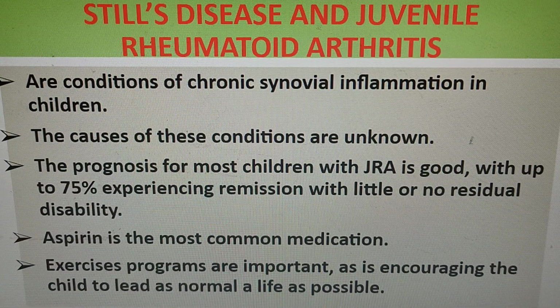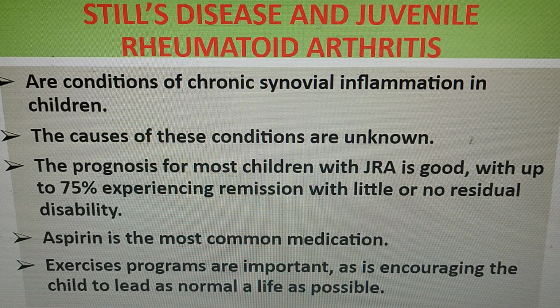The next disease under this group is Still's disease and juvenile rheumatoid arthritis, conditions of chronic synovial inflammation in children. Synovial inflammation is inflammation of the synovial joint. The causes of these conditions are unknown. Again, it's idiopathic.